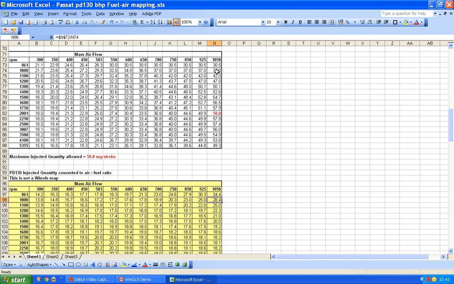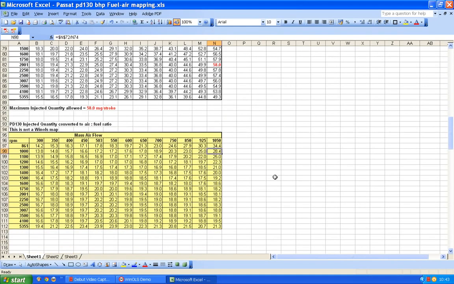So in other words, I've just used the calculators built into Excel to allow me to make a change to that map so that it looks like this, because I wanted to show anybody looking what this means in terms of an air-fuel ratio and what you might like to do with that air-fuel ratio.